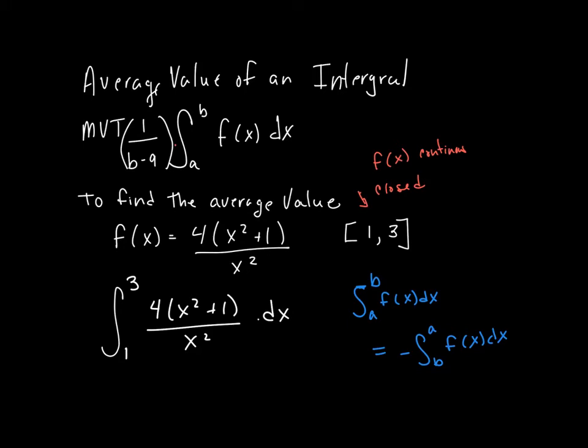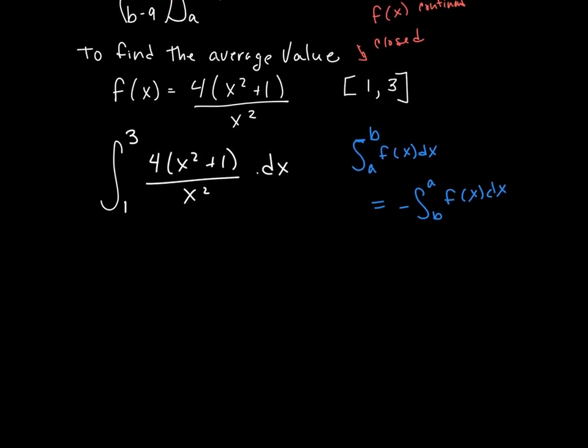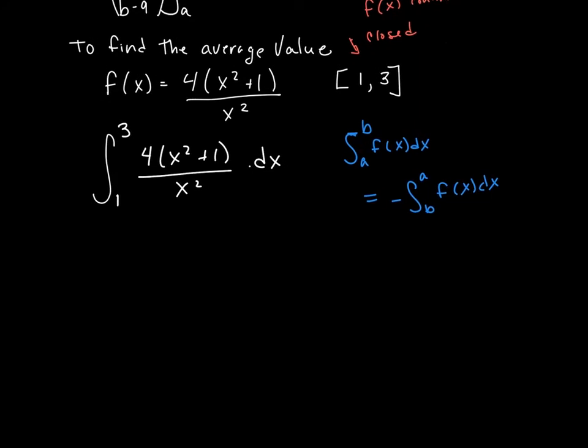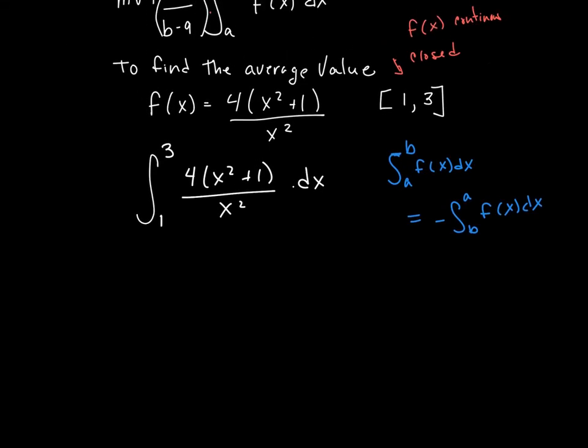So now, how am I going to do this integral? Can I do it the way I have it written? Yeah, you have to. The other thing I have to do is the average value function, right? Outside that integral, because I want to find the average value, this needs to be 1 over 3 minus 1, and that's only because they want to know what the average is between that.